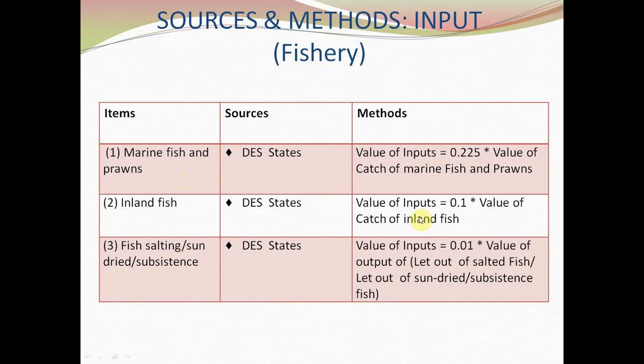For inland fish, input value is calculated by taking 10% of value of catch of inland fish. For fish salting, sun drying and subsistence fishing, value of input is taken as 1%, that is 0.01 of total value of output of let out of salted fish, let out of sun dried fish and subsistence fish.